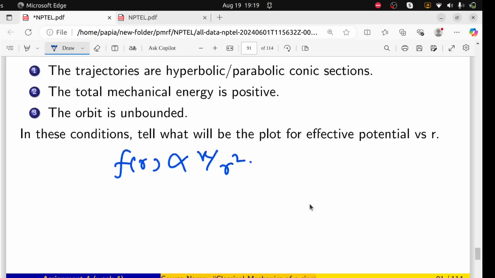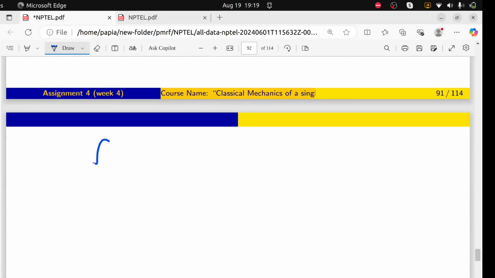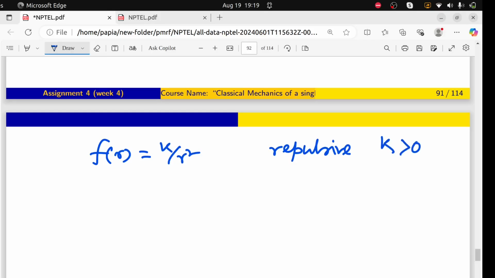Okay, so let me write here. F of r is given by k by r square. As it is repulsive, that means k is greater than 0 and F of r is also greater than 0, and there is a plus sign. So what will be V?